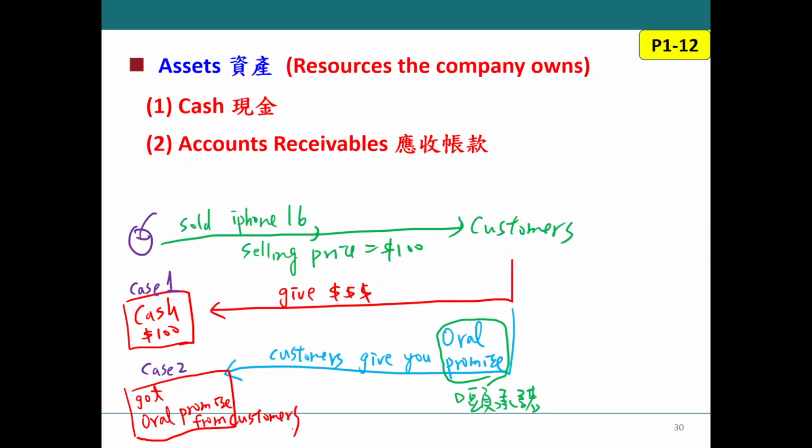So in real world, second case is more common than case one. Customers promise you they will pay the money back after 2 months, for example.